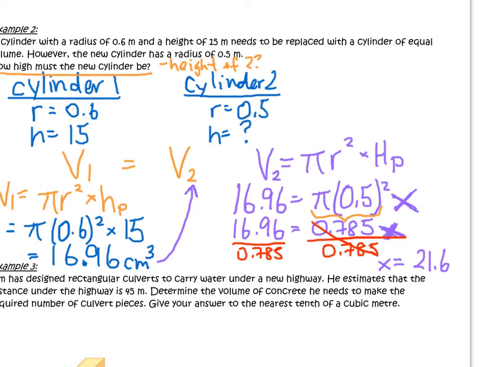So these would be meters. Just meters. Why just meters? Because it's not the volume, it's not the area, it's just the height. So I think Jaskaran already figured out this shortcut. Jaskaran, whenever we're asked to find height, what do we do?